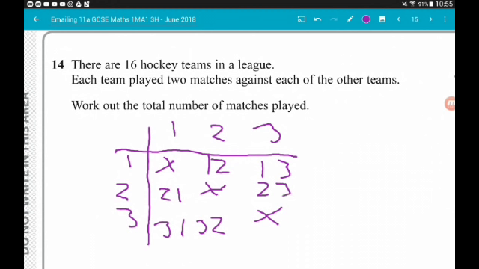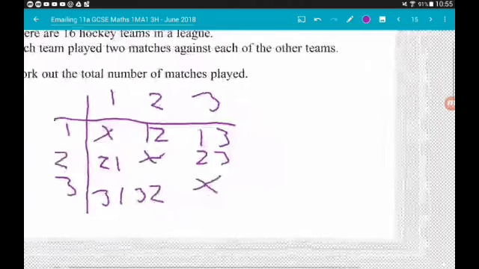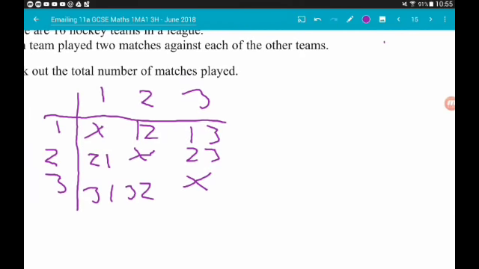So in our little 3 by 3 table with 3 teams, the total number of matches is 3 squared, which is 9, minus the 3 crosses. So that gives us 6.